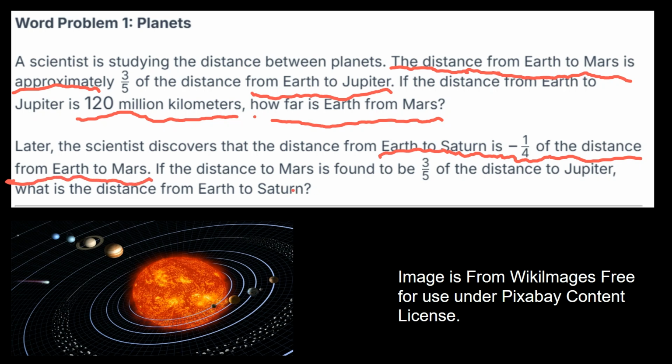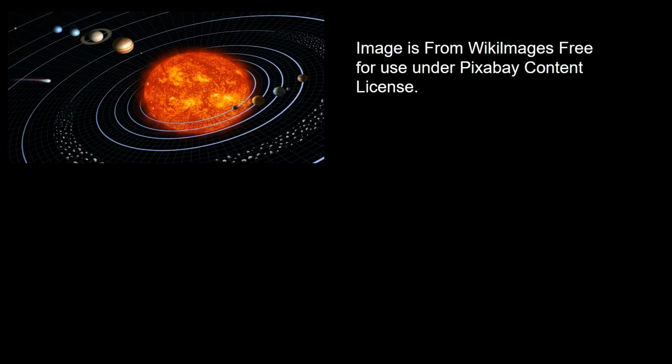Now, if the distance to Mars is found to be three-fifths of the distance to Jupiter, what is the distance from Earth to Saturn? So this is a very interesting problem, which is related to science. So math and science together. All right, so let us solve the problem.